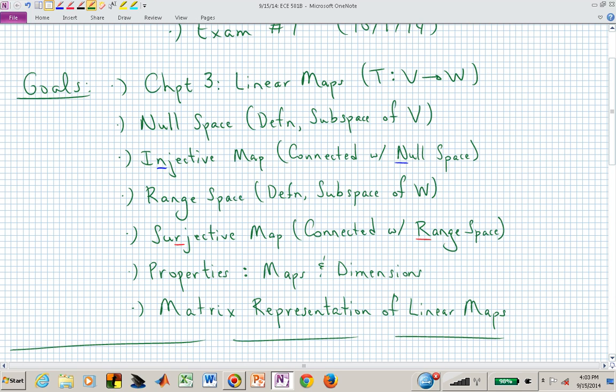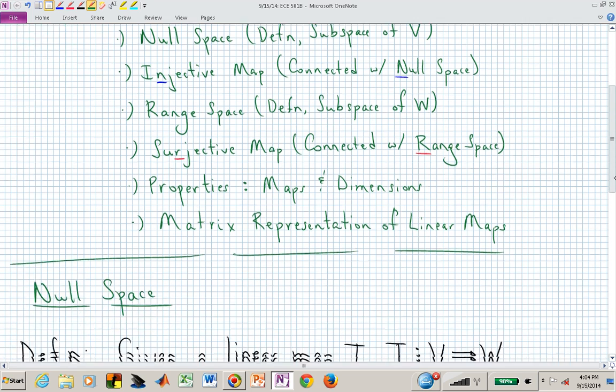And then we will start talking about something that you're used to thinking about when you talk about range space and null space, and that's matrices. We've been very general or abstract with our notation and our definitions of linear maps, and we can then specialize those into a matrix representation.